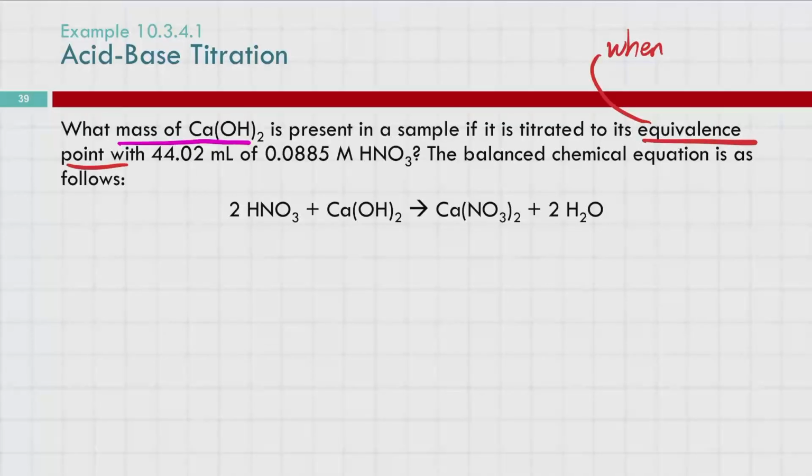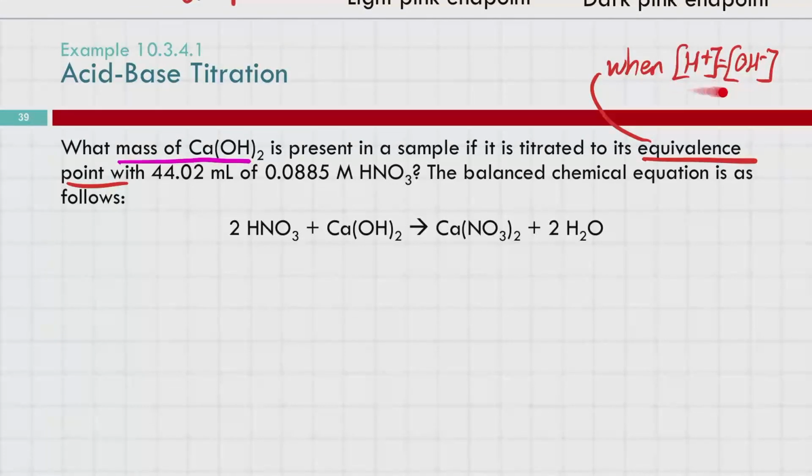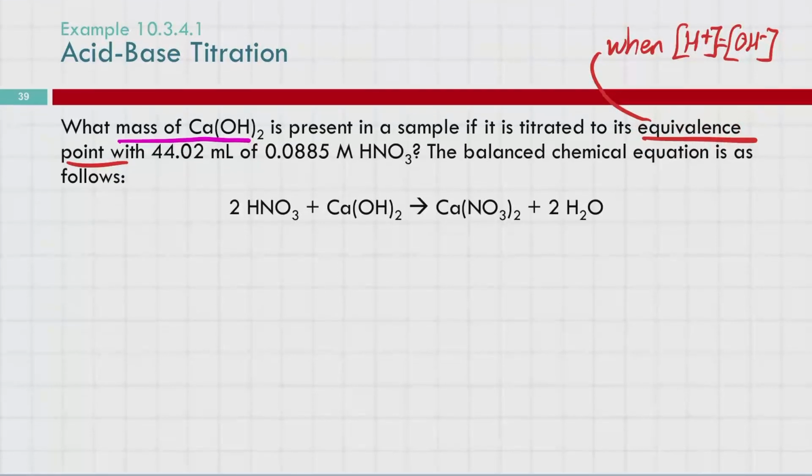The equivalence point is when the H+ concentration equals the OH- concentration. Basically, all we're saying with this equivalence point is that we can use our stoichiometry. We can use the ratio from our balanced chemical equation. That's kind of all that that's there for.